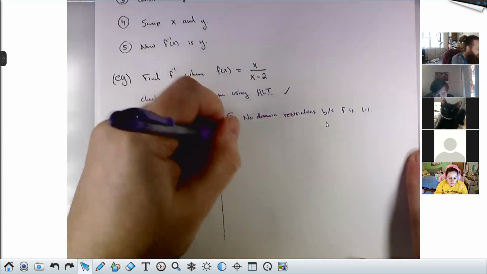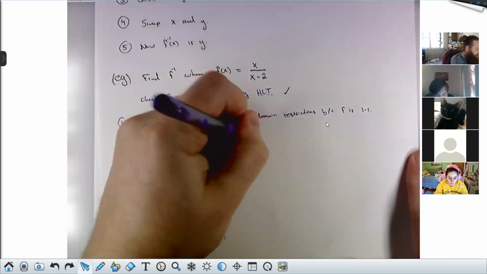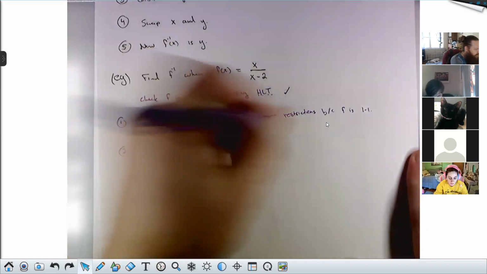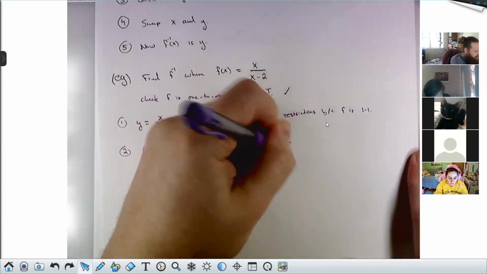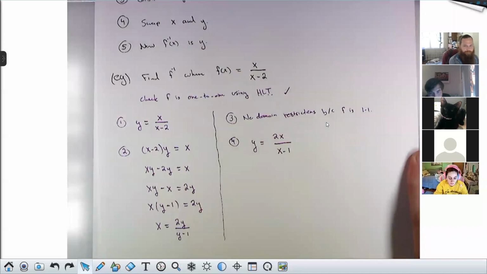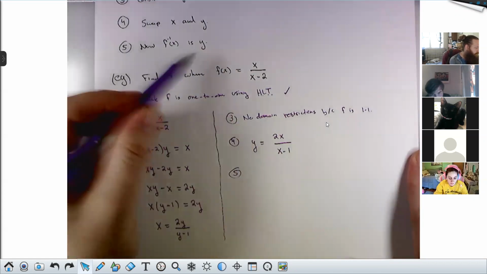Step 4, swap x and y. So I've got x equals 2y over y minus 1. When I swap x and y, that now says y equals 2x divided by x minus 1. And then finally, step 5, y should now be f inverse of x.